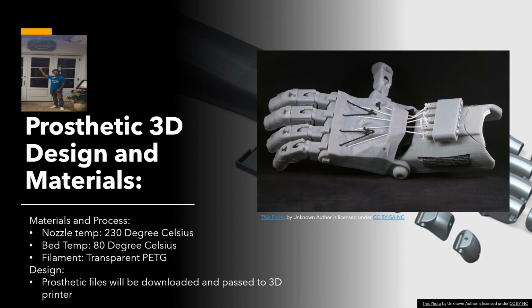Although both are user-friendly, PETG has the reputation that it is as easy to print as PLA, but it has the properties of ABS. It's just more durable, stronger, and impact resistant, so it would be a good idea to use for the prosthetic hand.